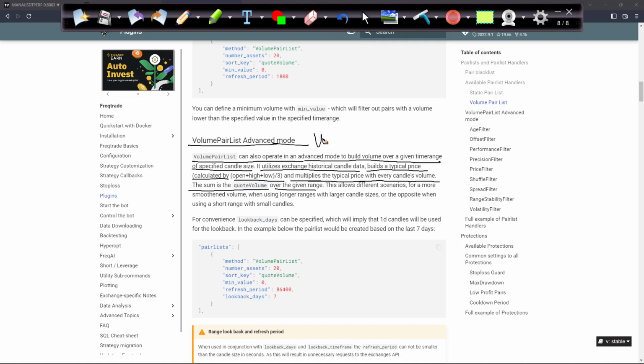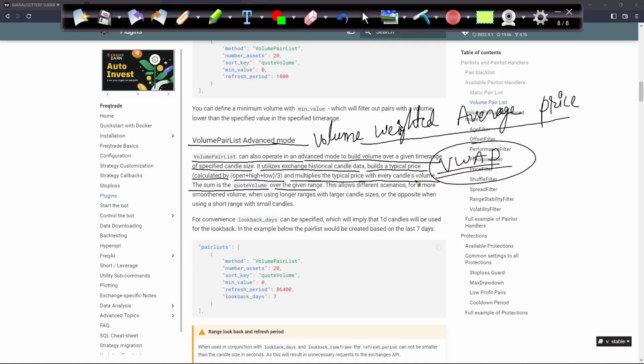Okay, volume weighted average price. VWAP, you can think of this as stations in the market where the market train stops there and loads up passengers, and then it goes off.